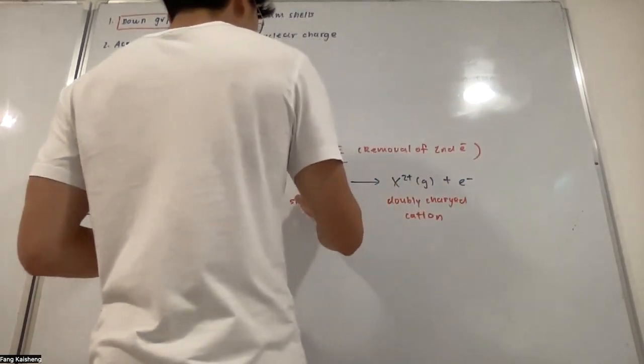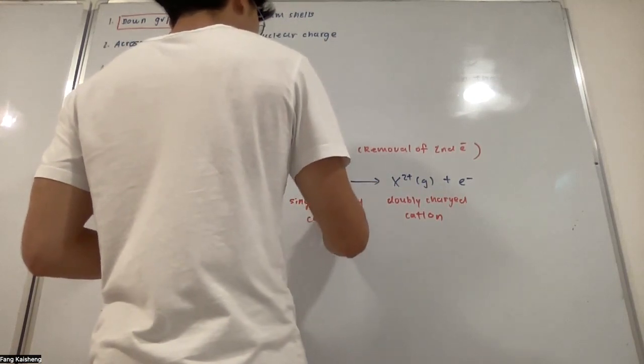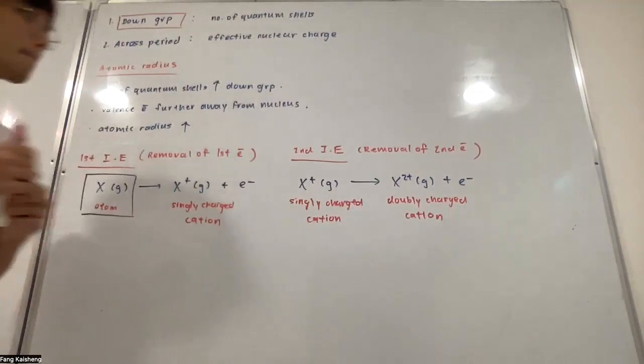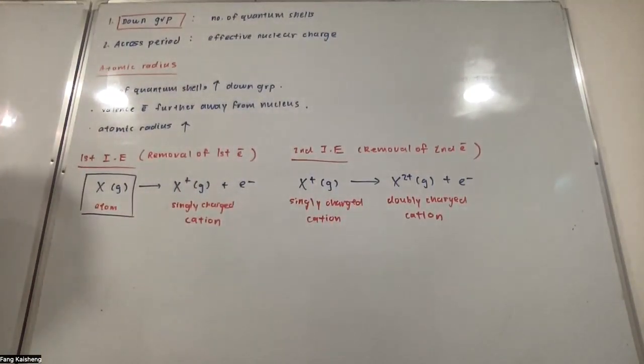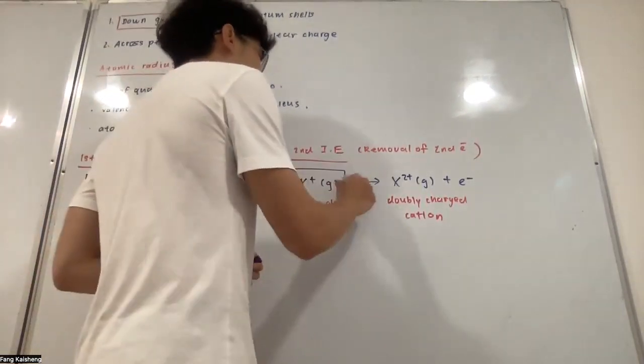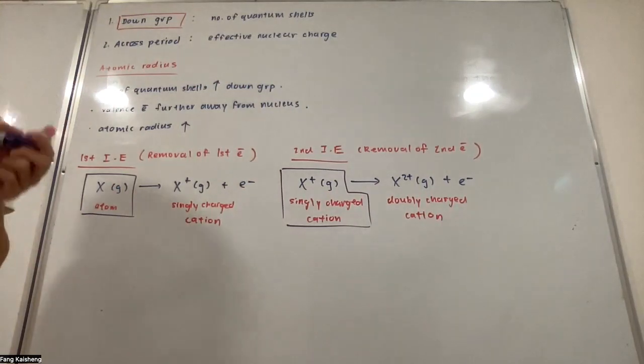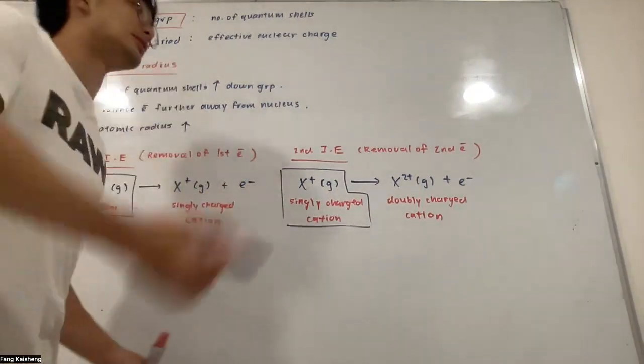This one is just a singly charged cation. See that? Once again, we are removing the second electron from this one. So this is what I want you to look at whenever you discuss second ionization energy. We'll come to this more in the next lesson also.